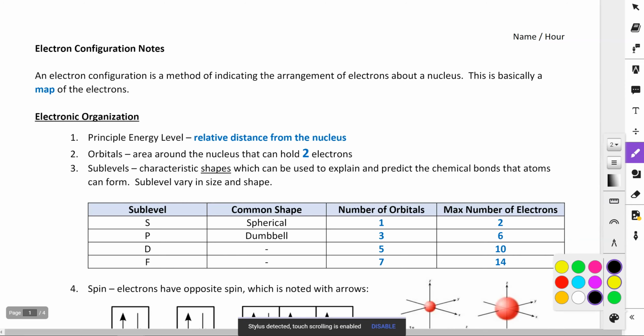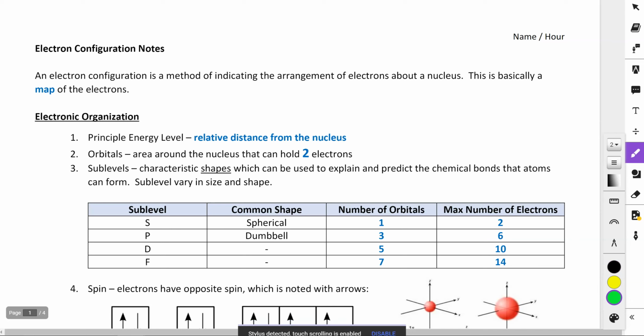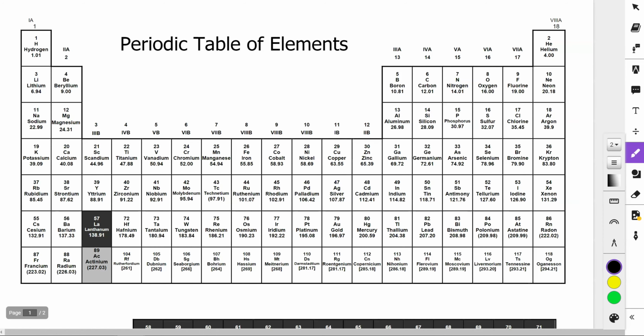And right here, the first thing we have to stay with is the idea that an electron configuration is a method of indicating the arrangement of electrons about the nucleus. Well, you've got all these electrons, and if you look at a periodic table, beryllium only has 4 electrons, but if you look over here at, let's say, xenon, it has 54.